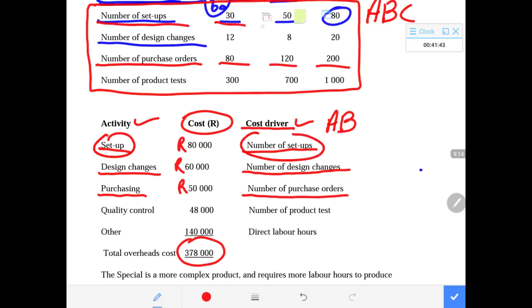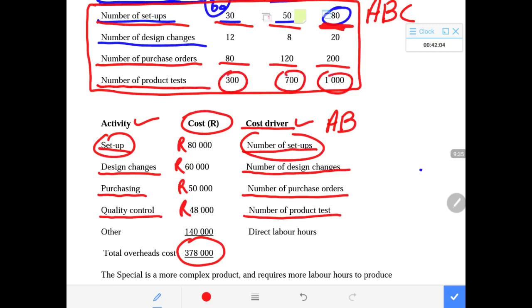It was 30, 50, and the total setups overall was 80. Then we have quality control, which the cost amounted to 48,000, and this is based on the number of product tests. And we do have the number of product tests, which was 300, 700, and 1000 was the total.